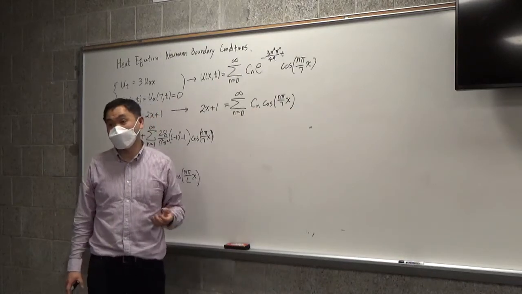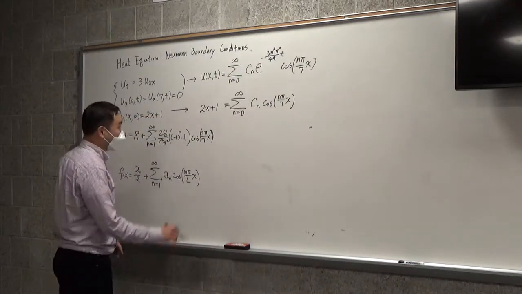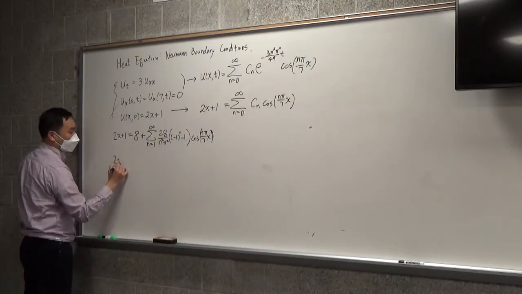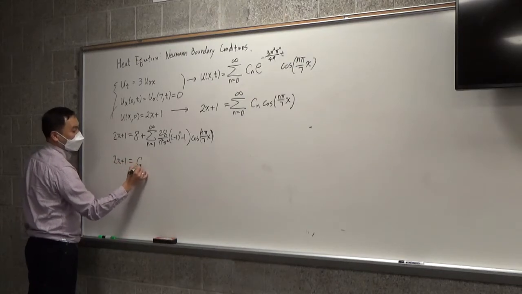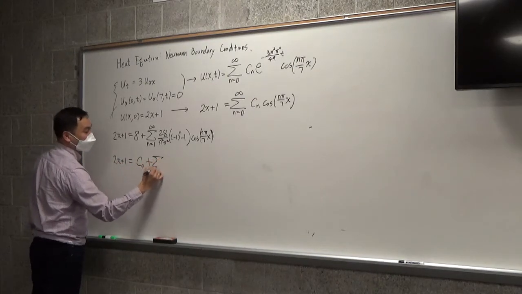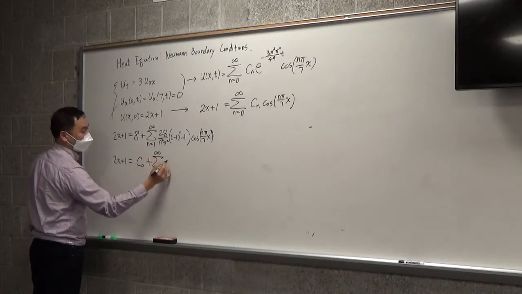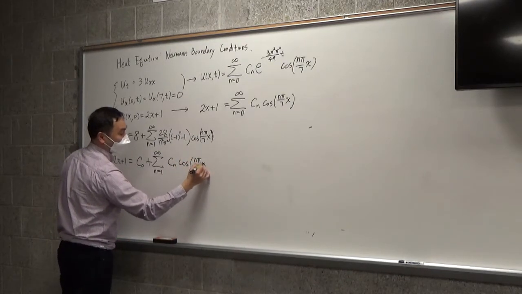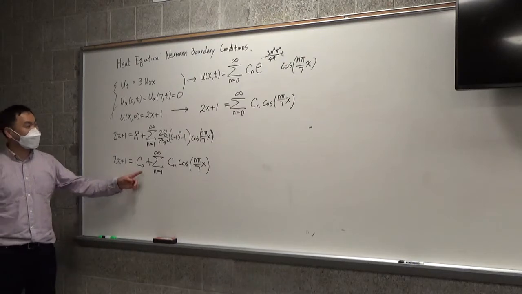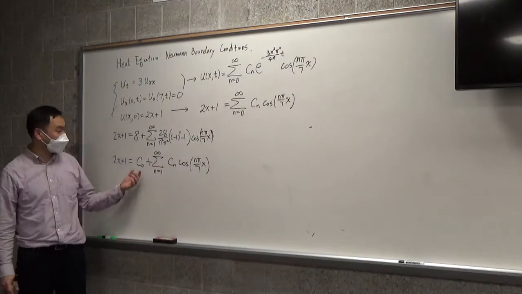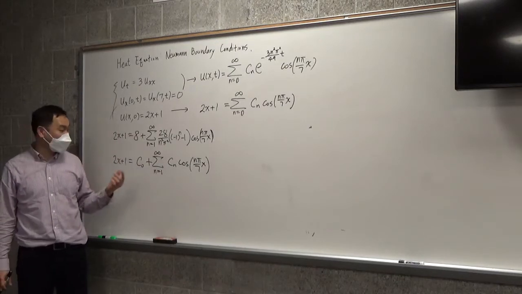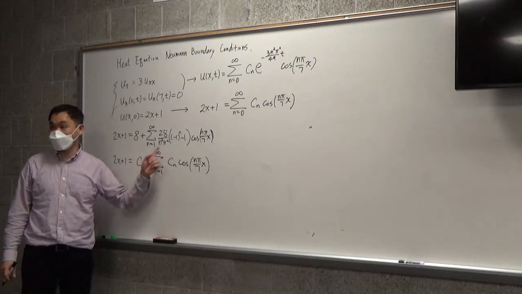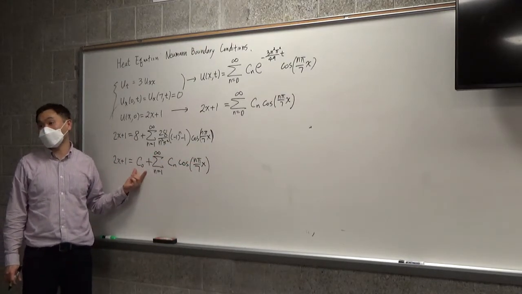So you just get C0. So I can rewrite 2x plus 1 equals C0 separately plus sigma, now n starts from 1 through infinity, of Cn cosine n pi over 7x. This summation is essentially the same as this one because you're just taking out the case when n is 0, then afterwards n goes from 1, 2, 3, 4, 5 to infinity, so the rest of the sum is this one. All I'm doing is writing the first one as a separate thing.